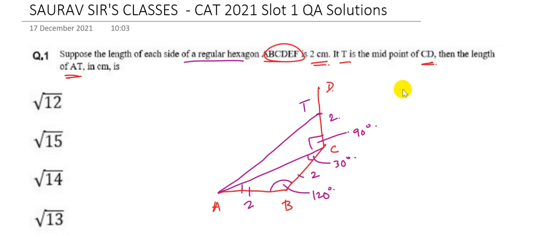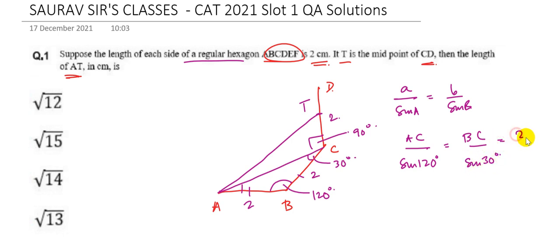Now we apply the sine rule, which is a by sin A equal to b by sin B. We apply this rule in the triangle ABC, so we can write AC by sin 120 will be equal to BC by sin 30.